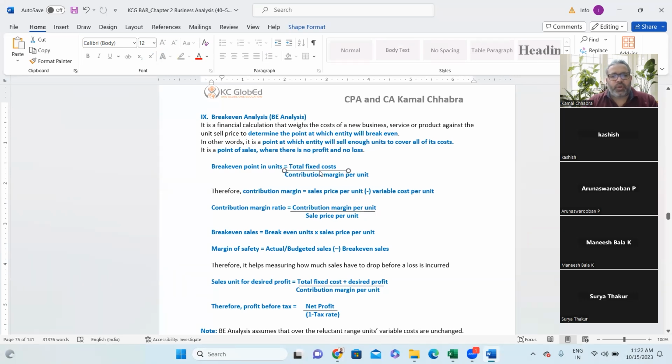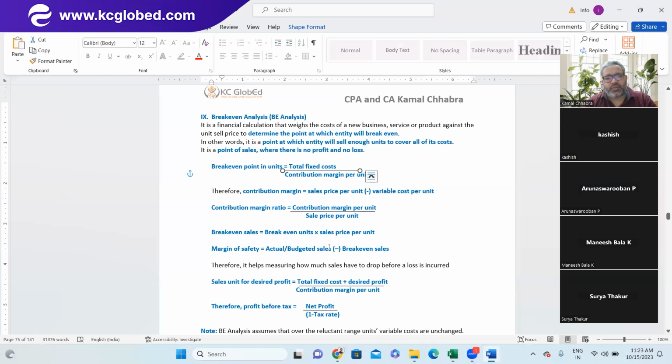Right, break-even point in units is total fixed cost divided by contribution margin per unit. Contribution margin ratio is equal to contribution margin per unit divided by sales price per unit. Break-even sales is equal to break-even units multiplied by the sales price per unit. Margin of safety is equal to actual or budgeted sales minus the break-even sales.